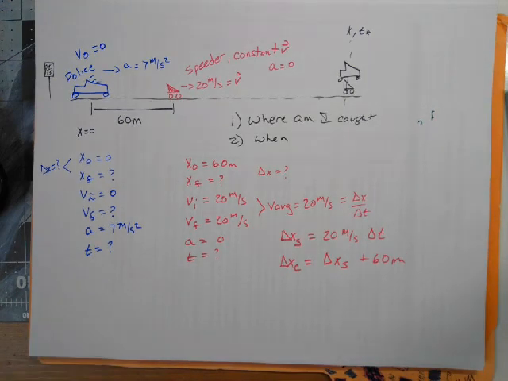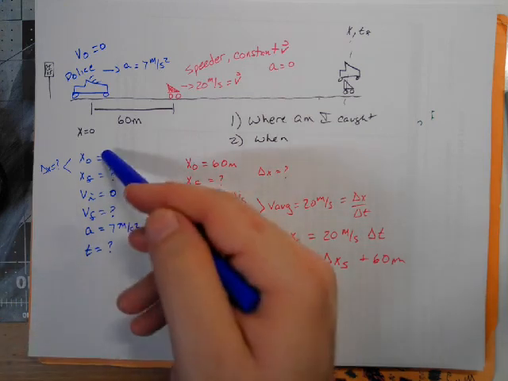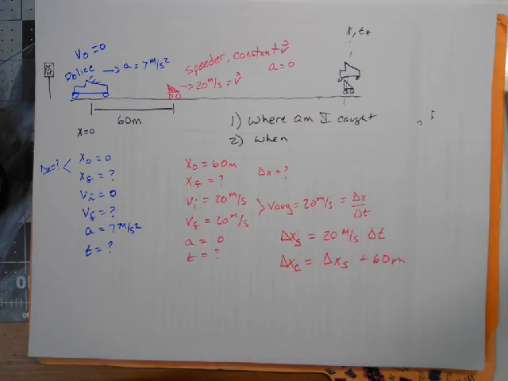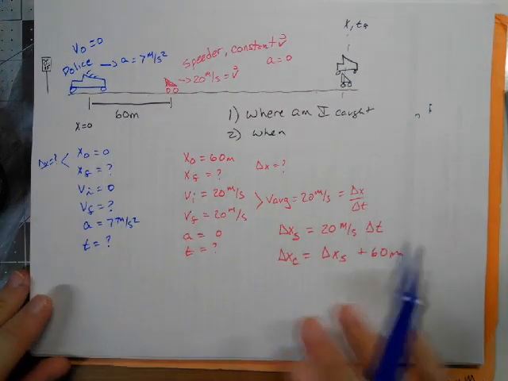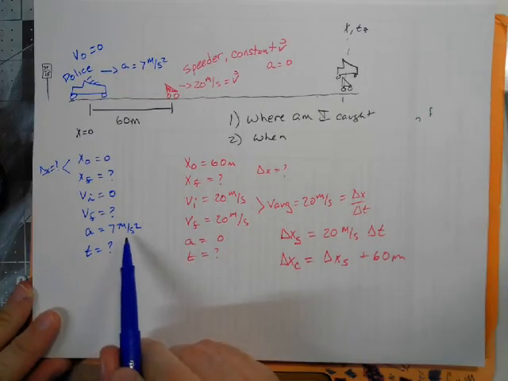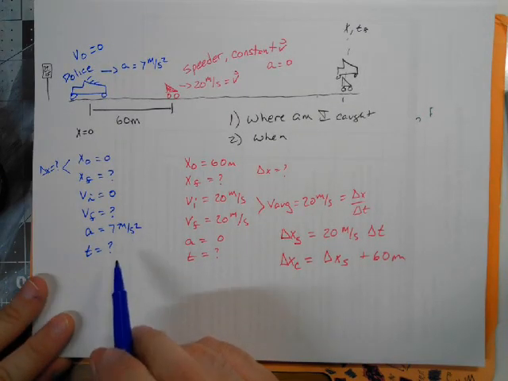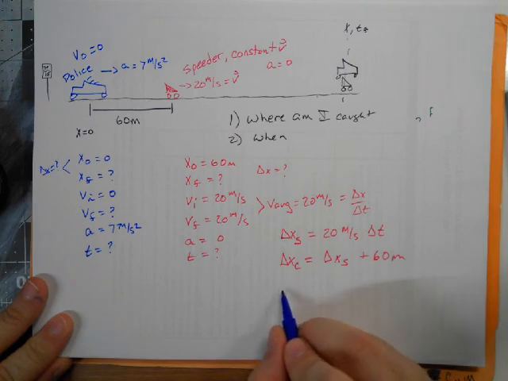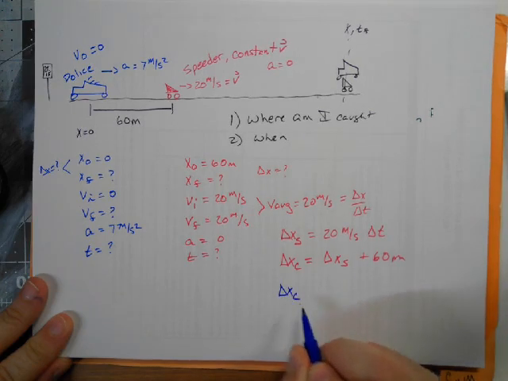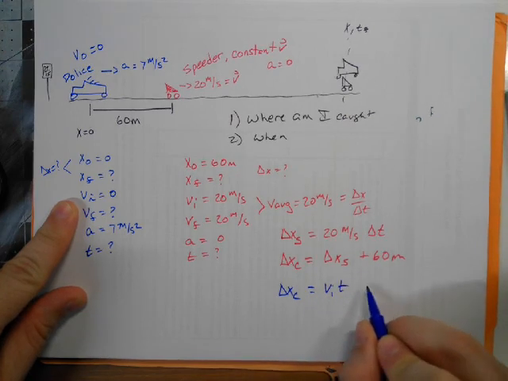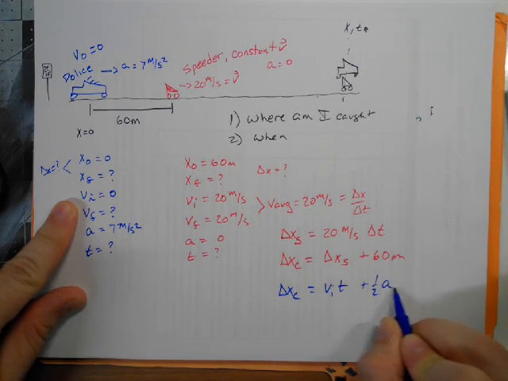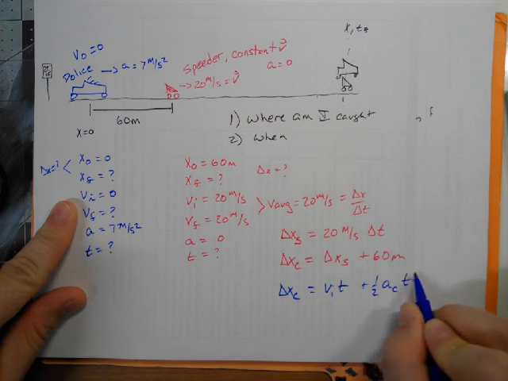We have some extra information there. And then we can look at the cop's information, and we realize that we have x initial, we have the acceleration, so we can write an equation that looks like delta x sub c is v initial times time plus 1/2 a for the cop times t squared.